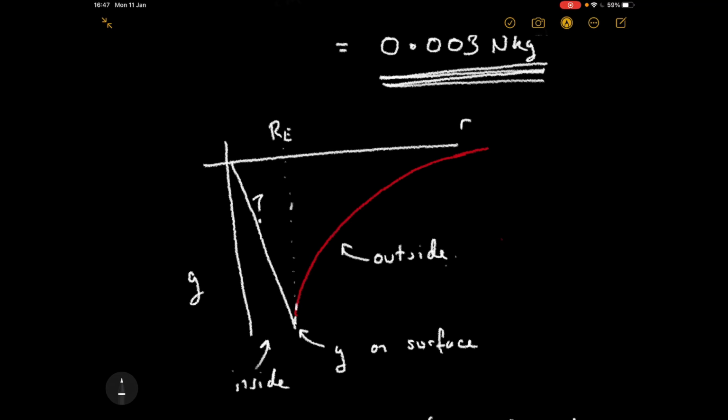Which makes sense, because if you were sat at the very centre of the Earth, not worried about the fact that it's exceptionally hot and you've melted, you shouldn't have any gravitational field strength due to the Earth, because you should be pulled equally in every direction by the mass all around you. You should be held at a kind of stability point, because the gravitational field strength is the same in both directions.